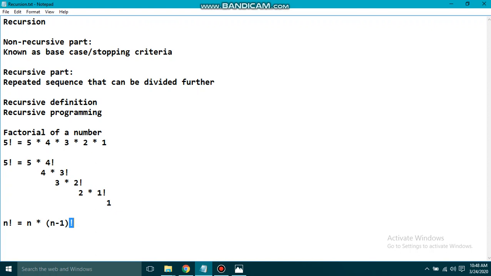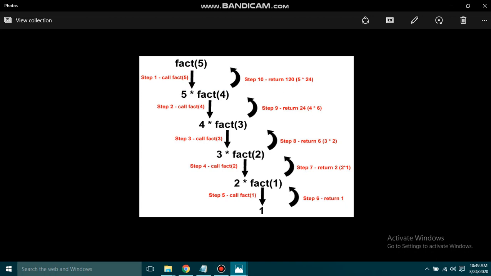That means we are defining a problem using the same concept. This is the recursive definition for the factorial problem. Take a look at this image, which explains how finding 5 factorial works, from 5, 4, 3, 2, 1. Then when you get to the base case, we start returning, that is, we get the result of the smaller problems.